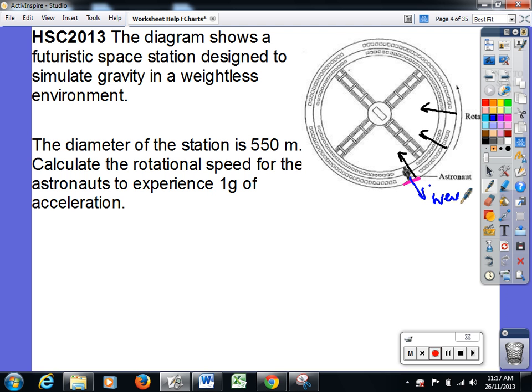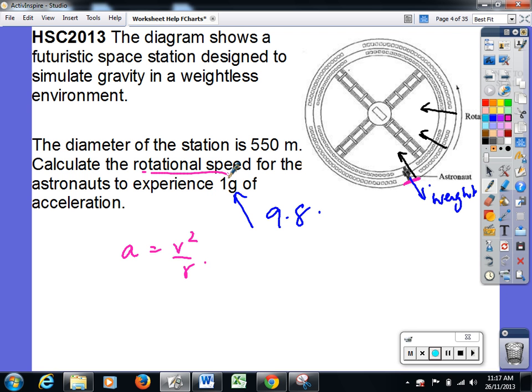So all we need to do is work out a centripetal acceleration here. And we need 1g. So it's testing whether or not we know that 1g is 9.8. And using the acceleration formula, that the acceleration is equal to v squared on r, we simply have to solve for the rotational speed.